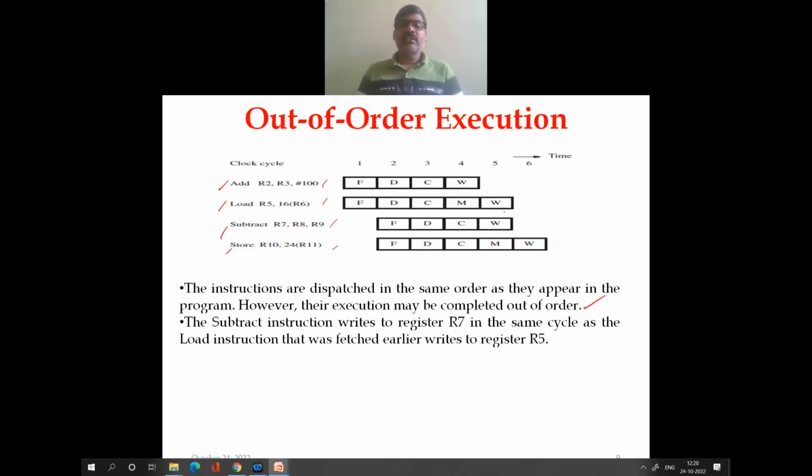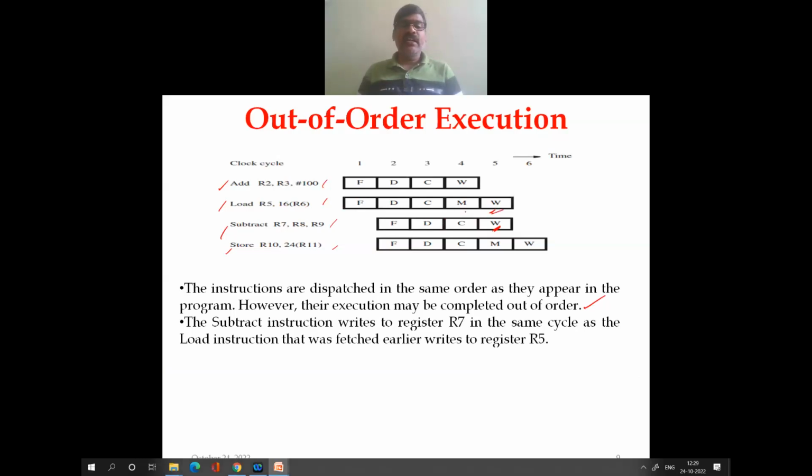If you see here, the subtract instruction writing to register R7 does so in the same cycle as the load instruction that was fetched earlier writes to register R5.